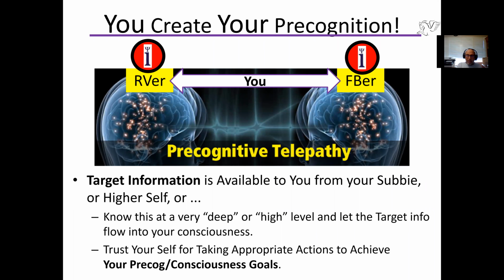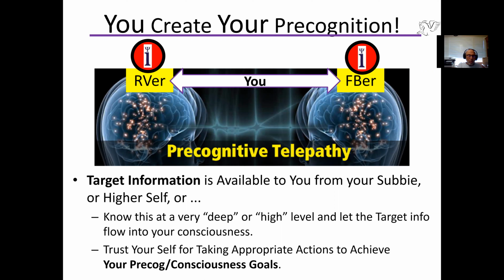Now, target information is available to you from your subby. That's a friendly way of saying subconscious mind, of course. But you might want to think of it as a higher self, a guide. People look at this in different ways, and it just doesn't matter. It has more information than your normal day-to-day self has, because you don't need that normally in the physical world, and yet it is available to you, and you can bring that into your life.